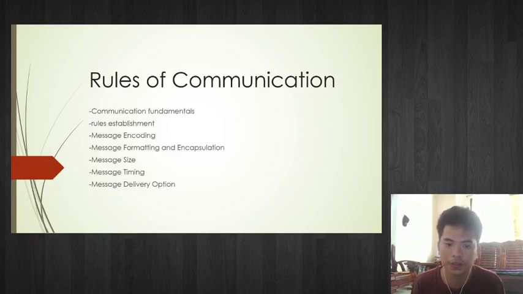The first element is the message source, or sender. The message source is a person or electronic device that needs to send a message to another individual. The second element of communication is the destination, or receiver, of the message. The destination receives the message and interprets it.